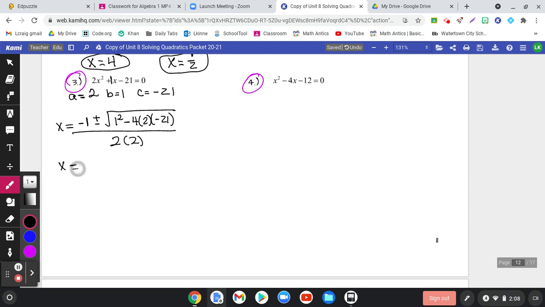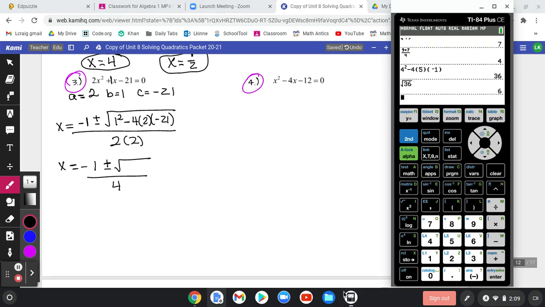All right, let's shrink it down a little bit. -1 plus or minus the square root, all over 4. I'm going to type just that bottom part in, just the part underneath the radical, the radicand. 1 squared minus 4 times a, which is 2, times c, which is -21.